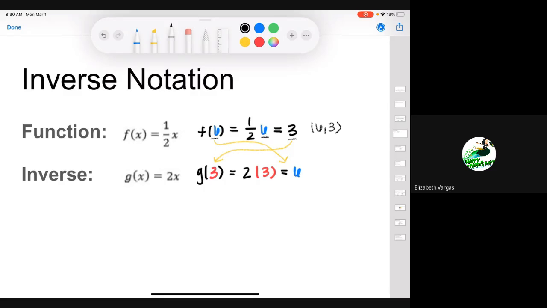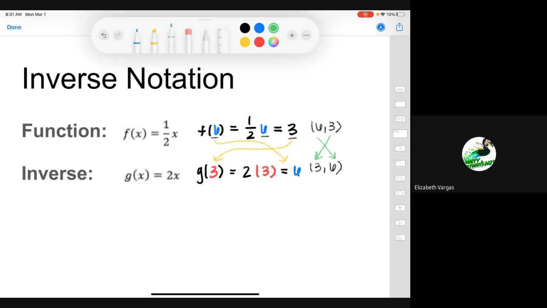So this would actually be (3, 6). There you can see that my domains and my ranges have been switched, and because they have been switched, this function would in fact be my inverse.